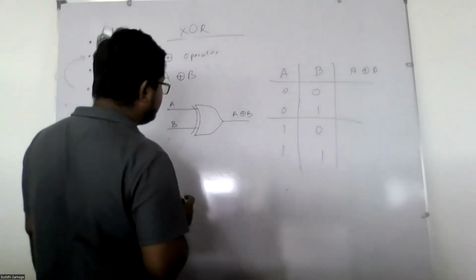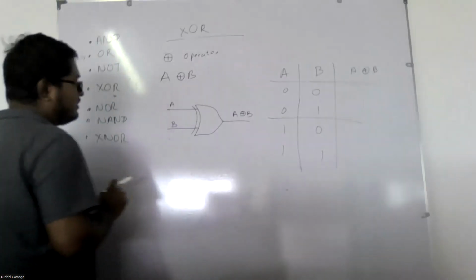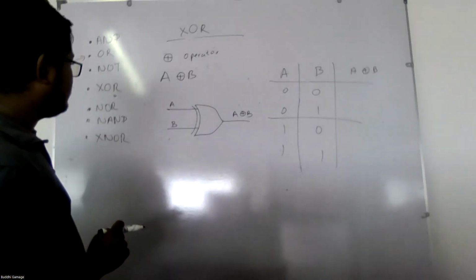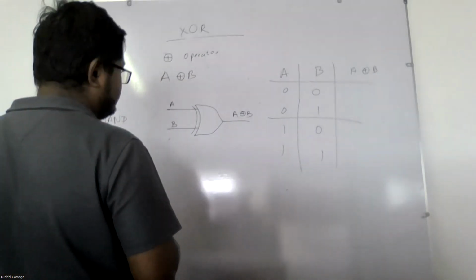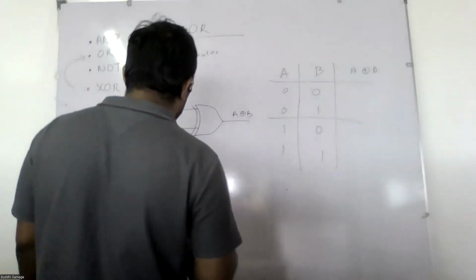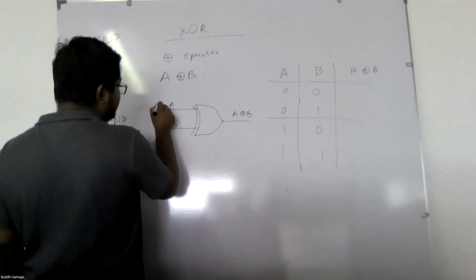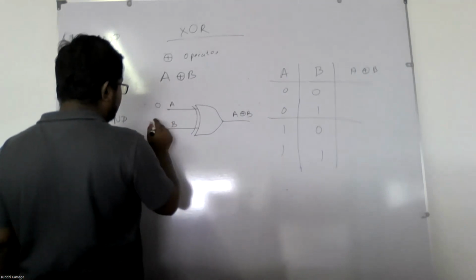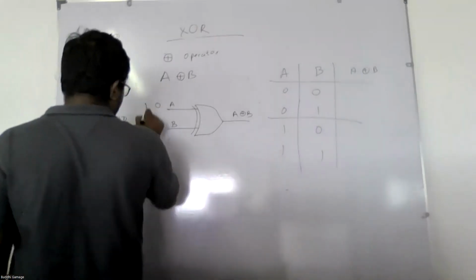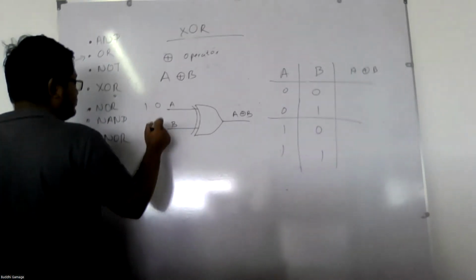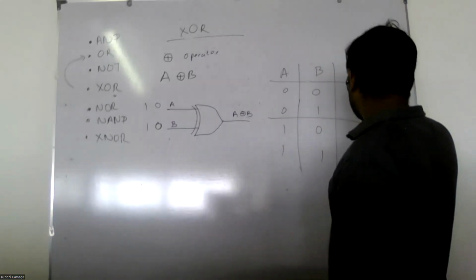In the XOR gate, the logic is that one input should be different from the other, right? That means if both inputs are equal, for these two, 0 0 and 1 1, the output will be 0.